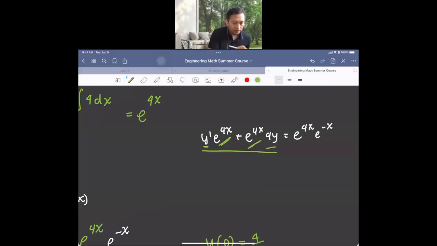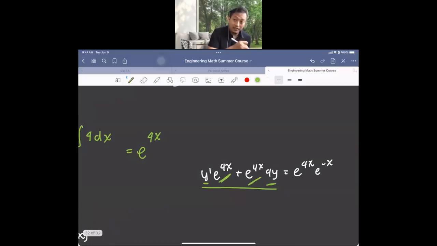We know that this e to the 4x and y prime, and this is also e to the 4x, and we have 4y. It seems that they came from the idea of differentiating with the product rule.